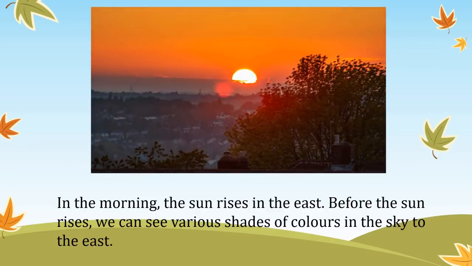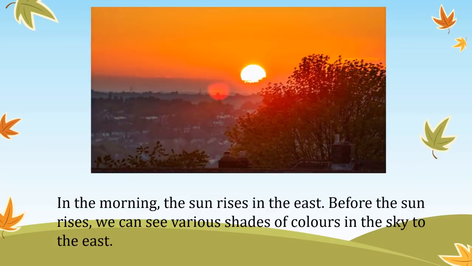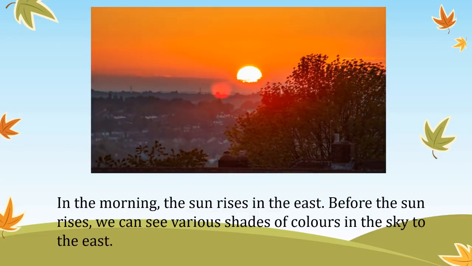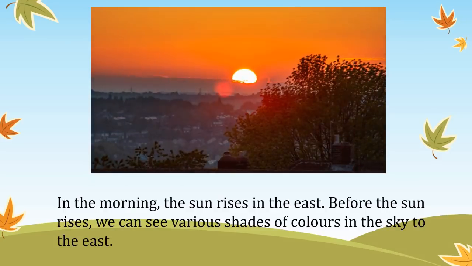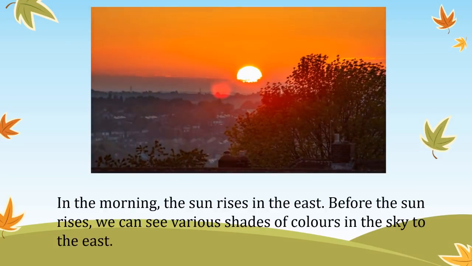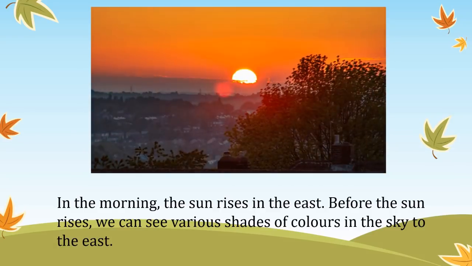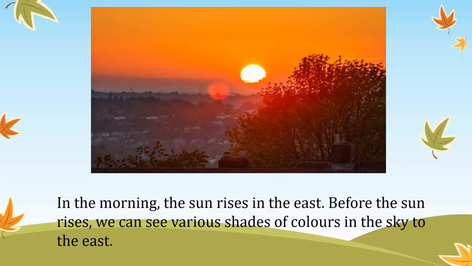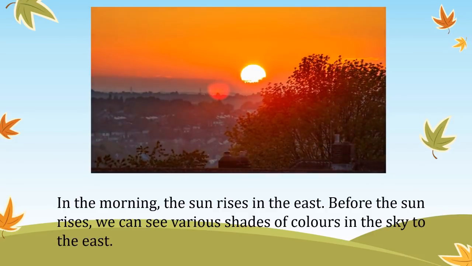So students, when the sun rises in the east direction, as it starts rising, we get more and more light. So you can see the beautiful sky full of various shades of colors in the east, as you can see in the picture. And we can also see the things around us clearly.